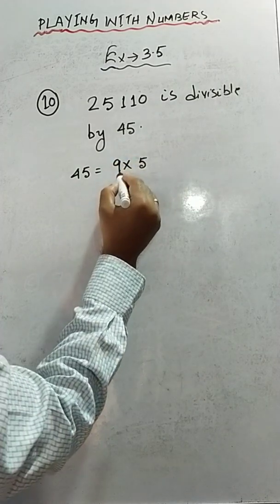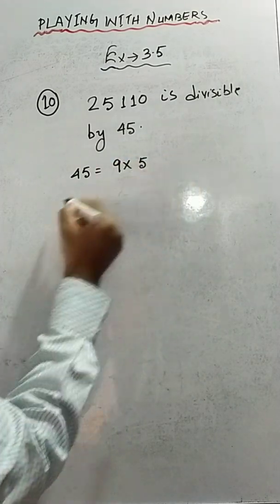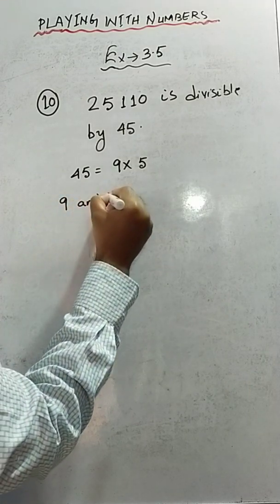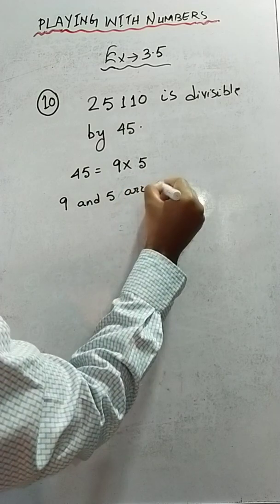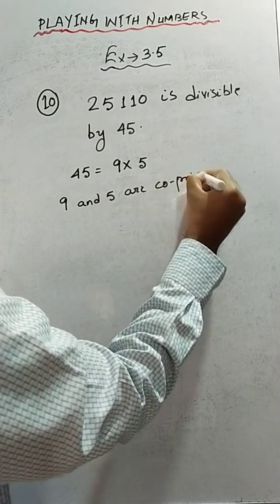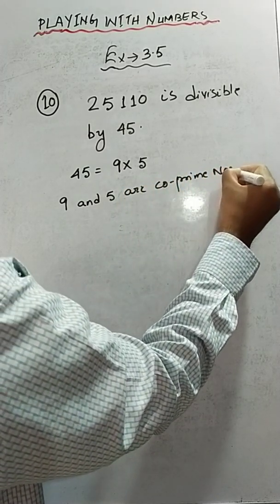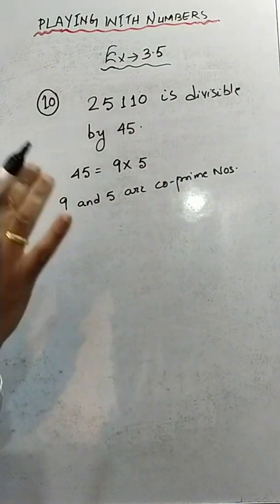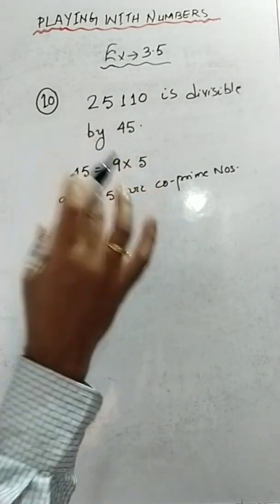Why? Because 9 and 5 are co-prime numbers. And what are co-prime numbers? The numbers which share only 1 as a common factor.